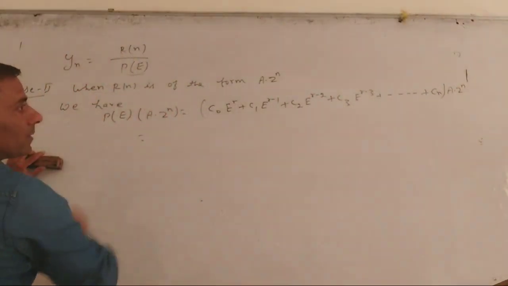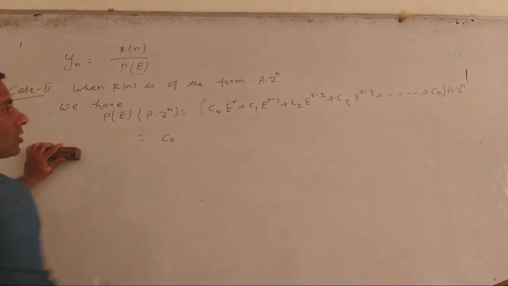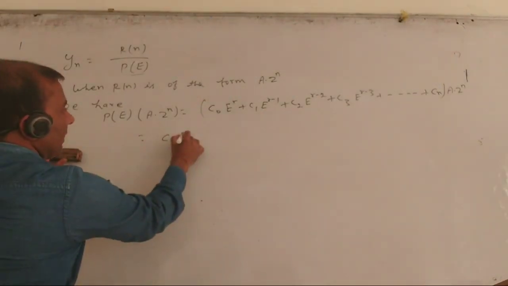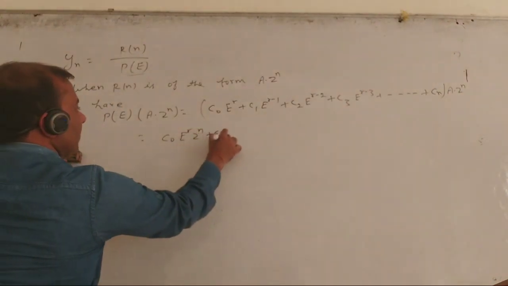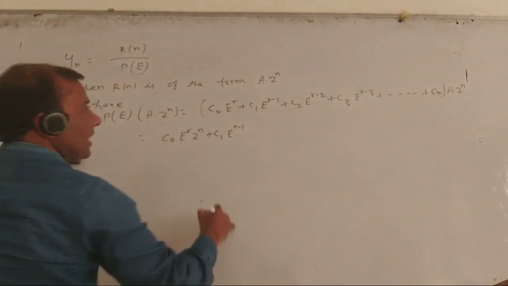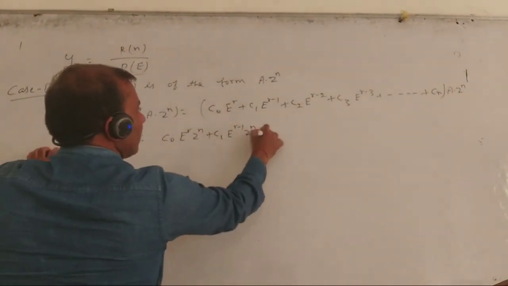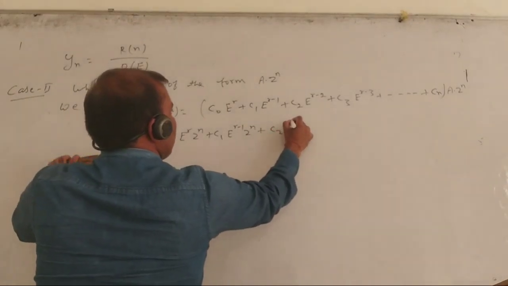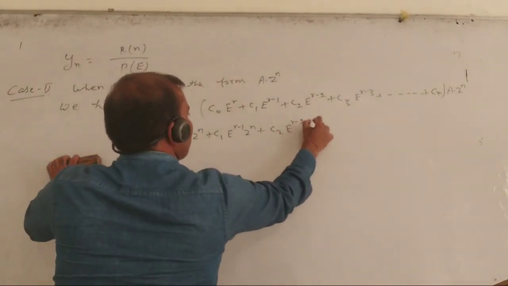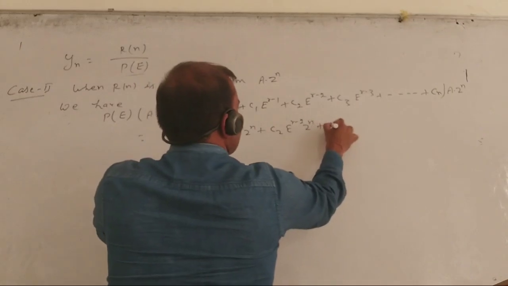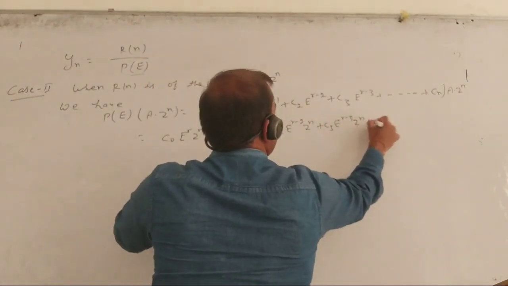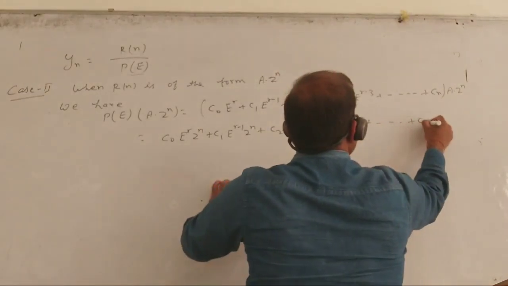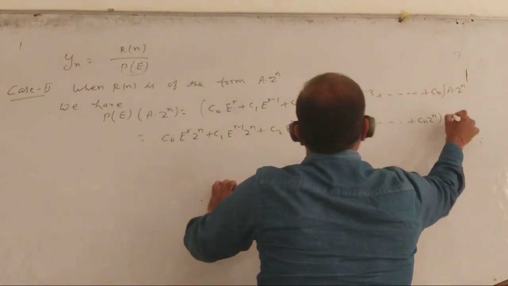Therefore it becomes C0 E^r into Z^n plus C1 E^(r-1) into Z^n plus C2 E^(r-2) into Z^n plus C3 E^(r-3) into Z^n, and so on, plus Cn into Z^n into A.